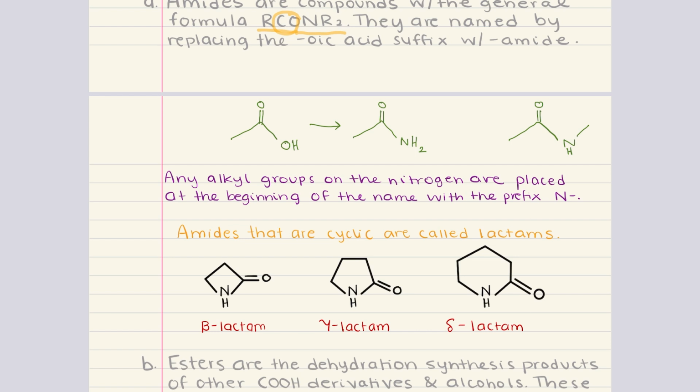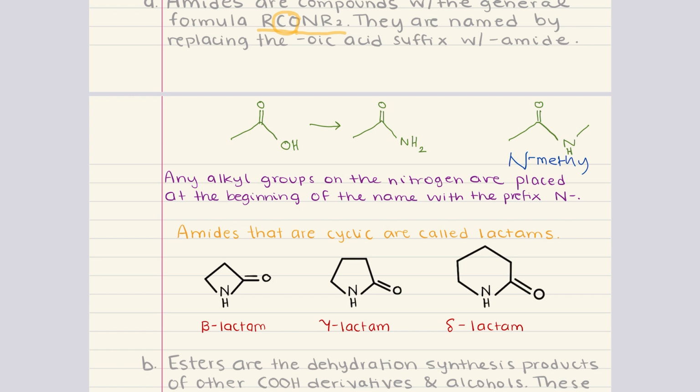These alkyl groups are placed at the very beginning of the compound's name, and they're denoted with the prefix N to indicate that they're attached to the nitrogen and not to the main carbon chain. So for instance, if a methyl group is attached to the nitrogen atom, we call it N-methyl before the rest of the molecule's name.